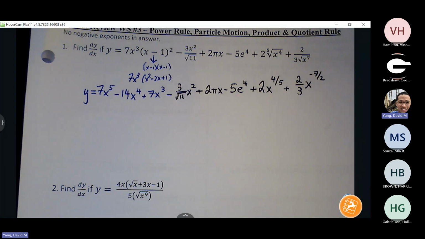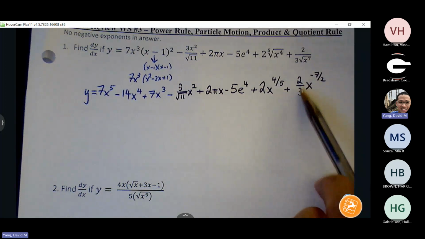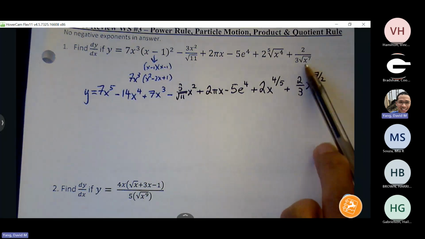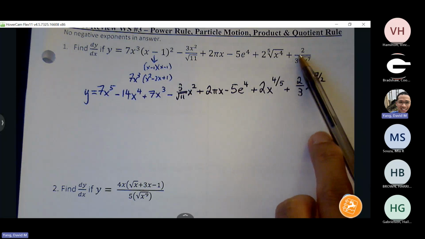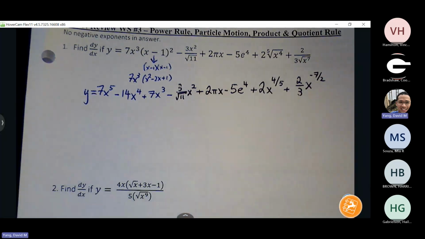So I think that's the hardest step for a problem like this, just to be able to know how to get it ready for power rule. The 3 doesn't move up, it stays below, only the x moves. X is 7/2. Okay, and when we bring that up, it's x to the -7/2. Everybody okay with that first step?